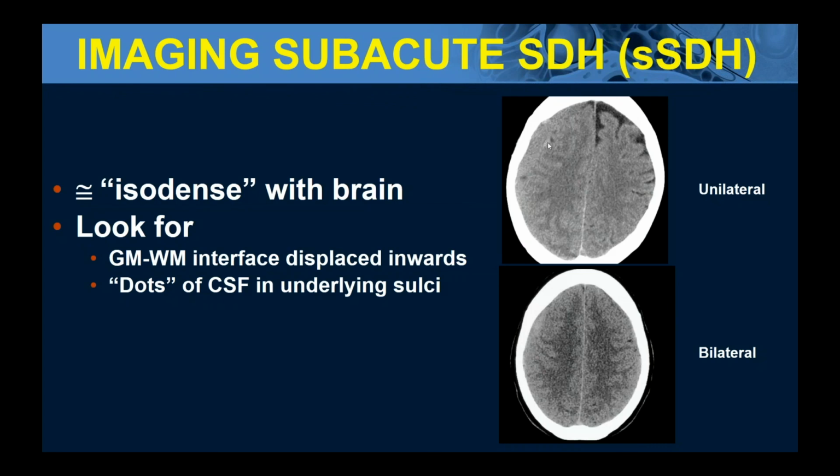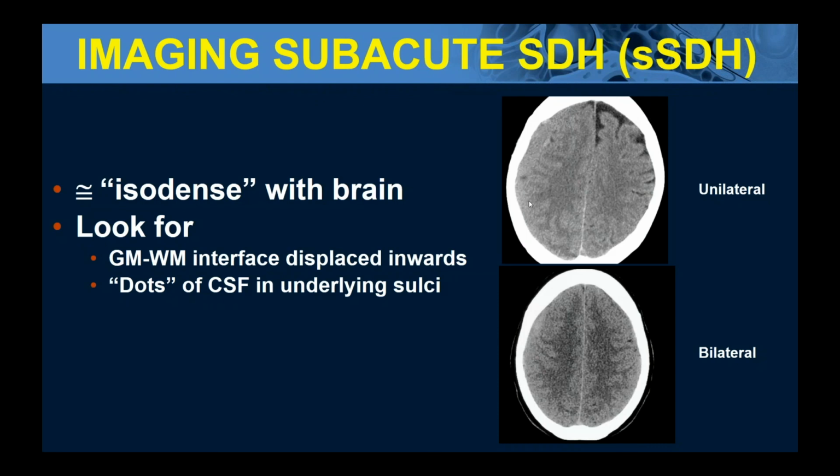And we can see the edge of it because there are little dots of spinal fluid in the compressed sulci underlying the subdural. And we can also see the gray matter, white matter interface is pushed inwards toward the midline. Here it is normal on the left side, like a normal gray ribbon, but here we see it displaced significantly medially, and you can see almost the same density of the brain in the subdural hematoma in the subacute phase.